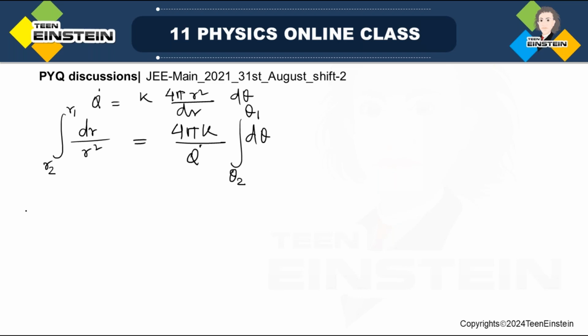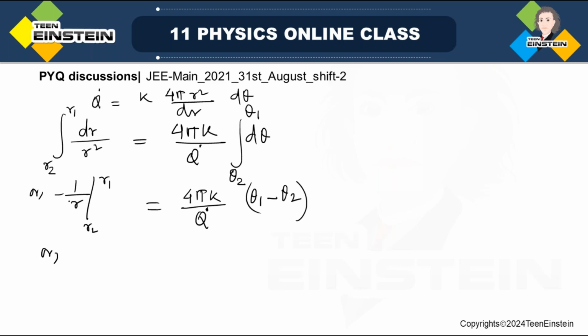If we integrate this, I'll get minus 1 by r with the limit r2 to r1, and this side I'll get 4 pi k by q dot times theta 1 minus theta 2. Obviously this is a negative quantity, so let me absorb this negative on both sides.